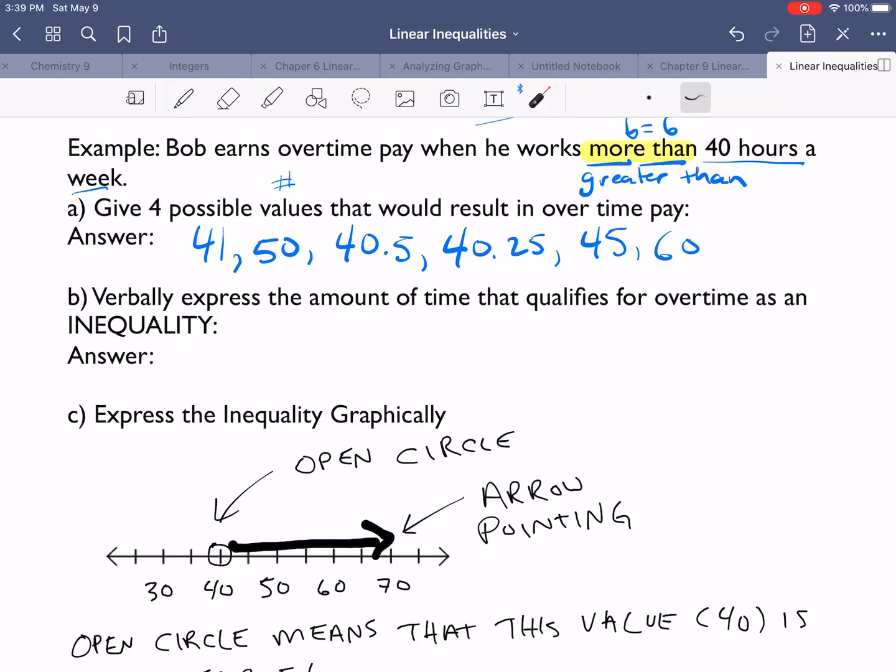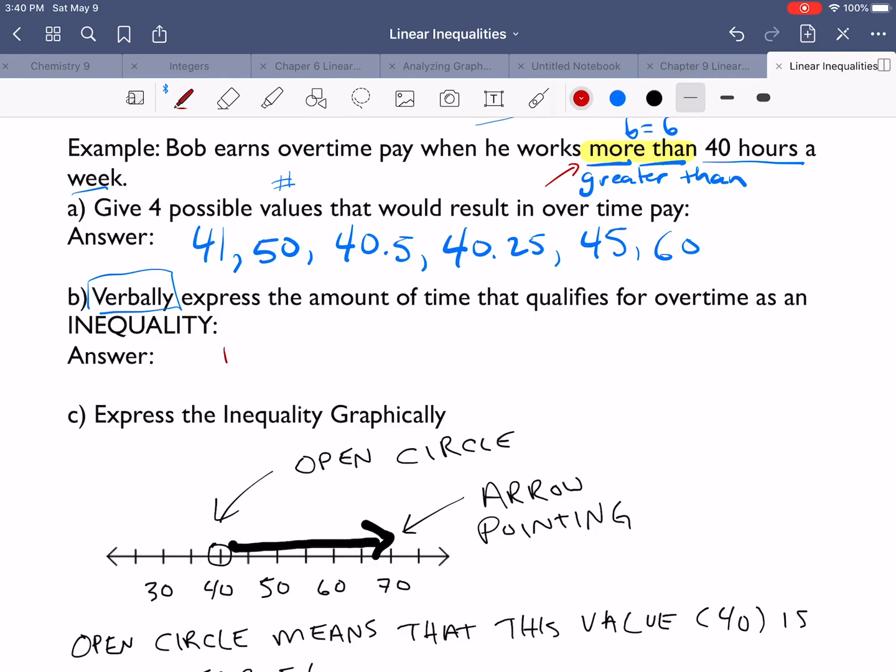Okay, the next thing that they're going to ask you to do is verbally express the amount of time that qualifies for overtime. Verbally here means write a sentence. So you would literally write this down: the amount of time that qualifies him.